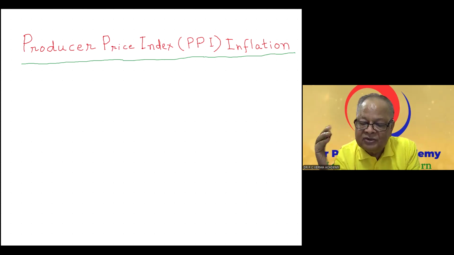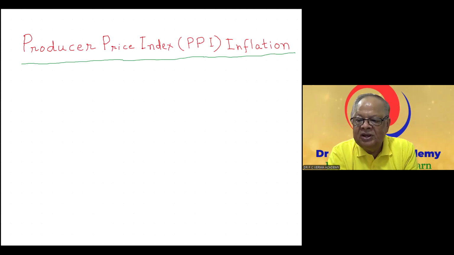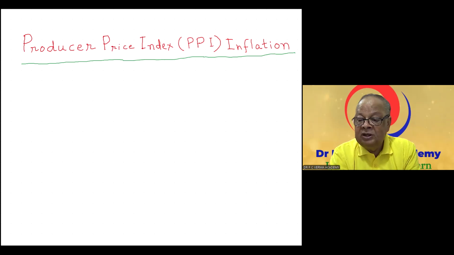Before independence, in a meeting, Subhash Chandra Bose, who was president of the Congress committee at that time, said in his lecture that the problem of price rise and unemployment is the main problem of the Indian economy.